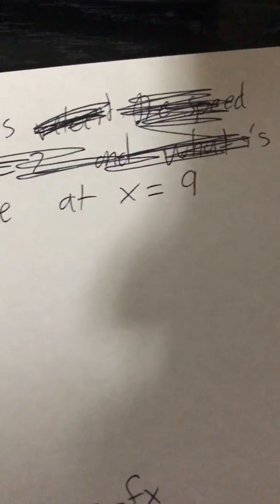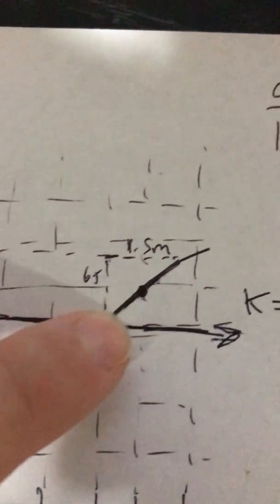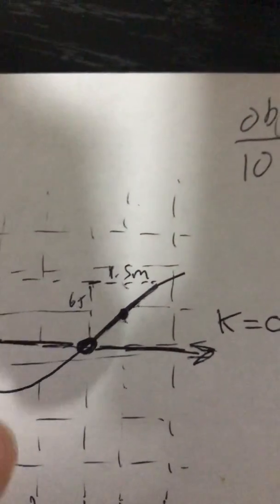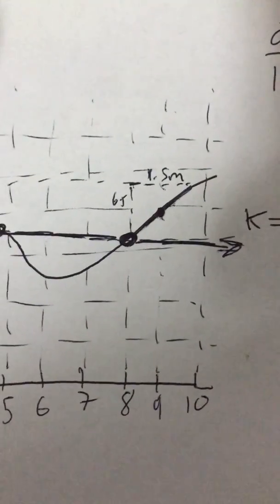And so we want to know at x equals 9. So then we'll go to that point right here. We'll find that part of the curve where it's straight, and then figure out that slope for that part. And so we're going to say that it's over 1.5.